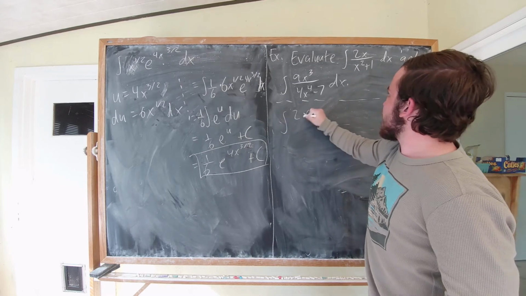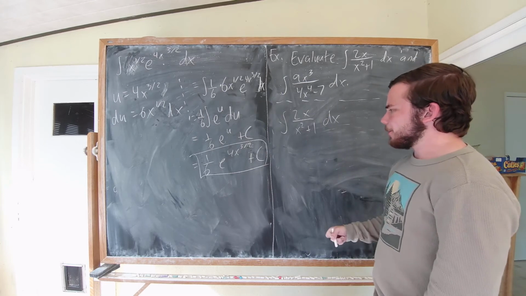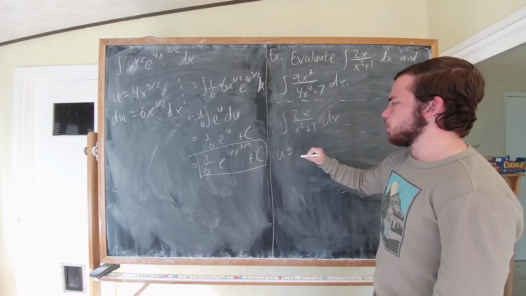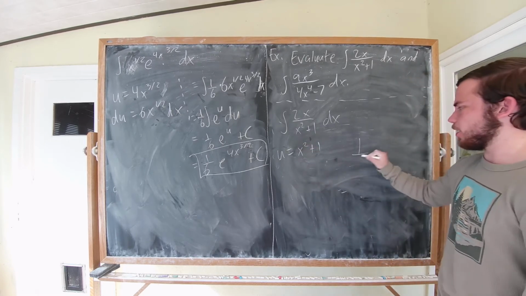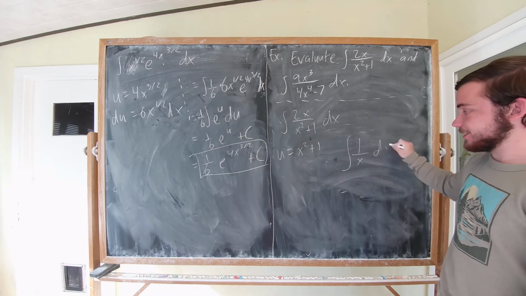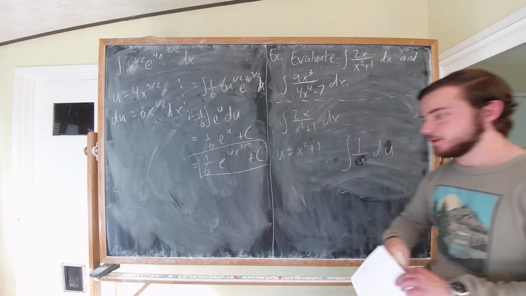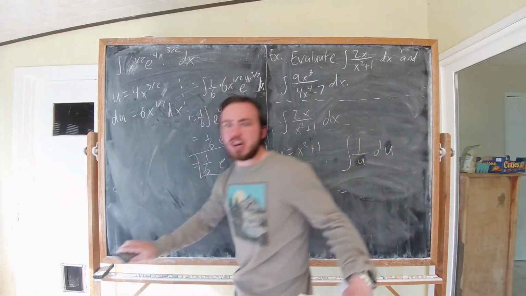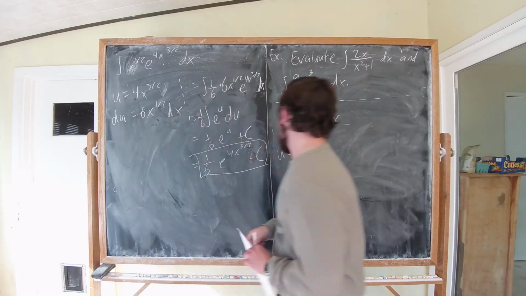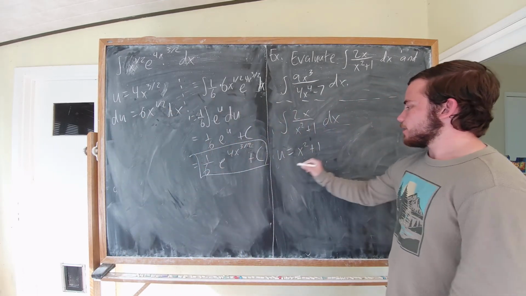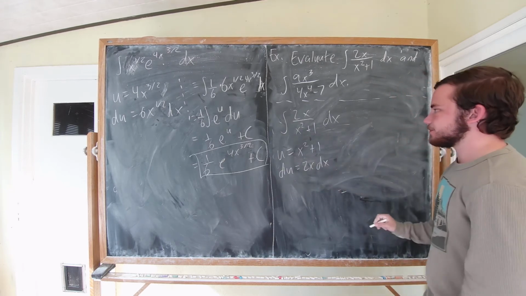The integral of 2x over x squared plus 1 dx. Well, if we let u equal x squared plus 1, our denominator, since that's what we want, right? We want 1 over x in our denominator, or in our case, we want 1 over u du. Maybe I should just let the whole denominator be u. And if we try that, then du would be 2x times dx.